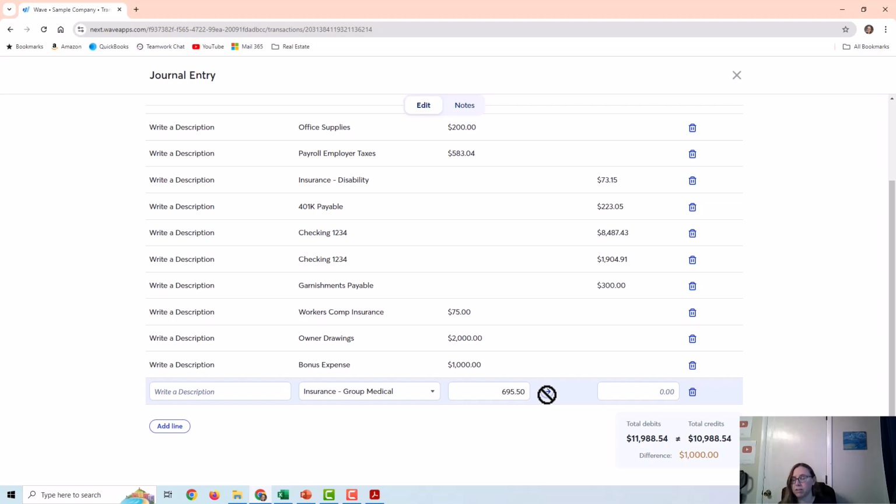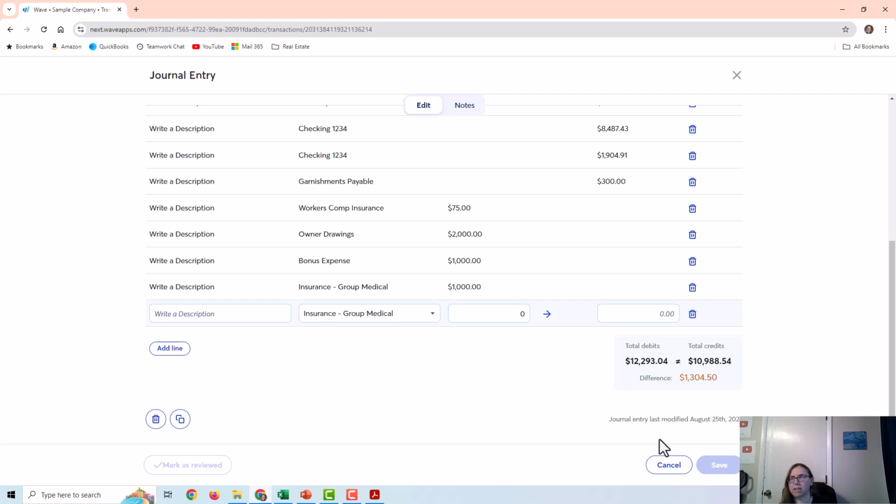But when I do these entries personally, I like to separate what the employee pays versus what the employer pays. I like to just see it separately when I'm going through entries. So I would probably leave it as two separate line items, but it's really up to you. Either way would be correct, as long as the net expense is the $695.50.